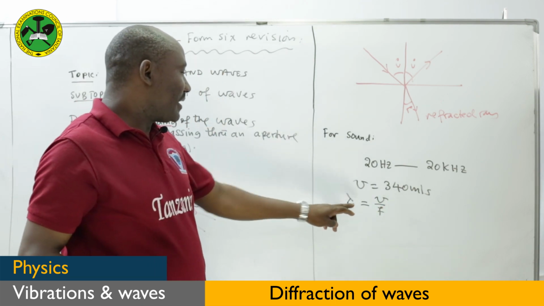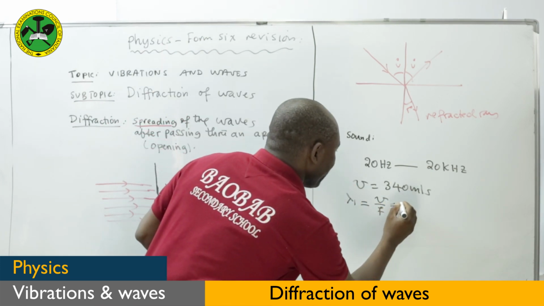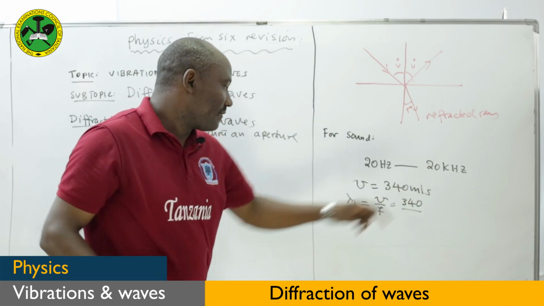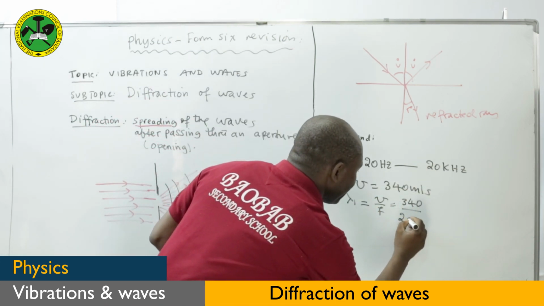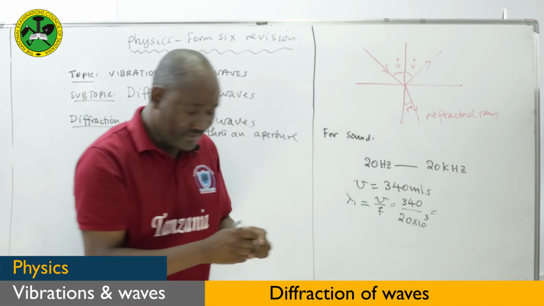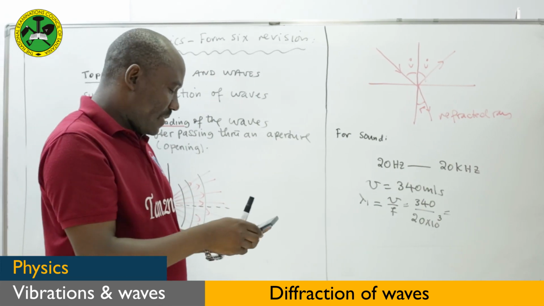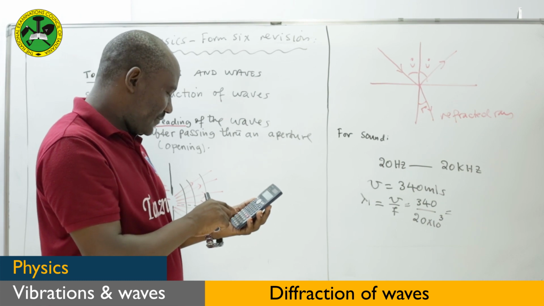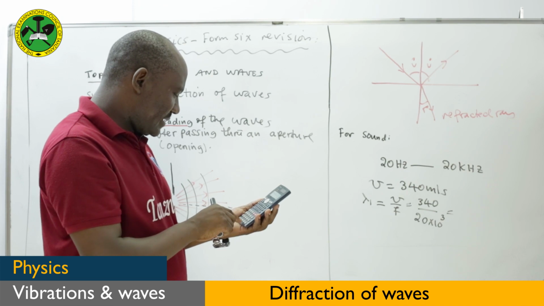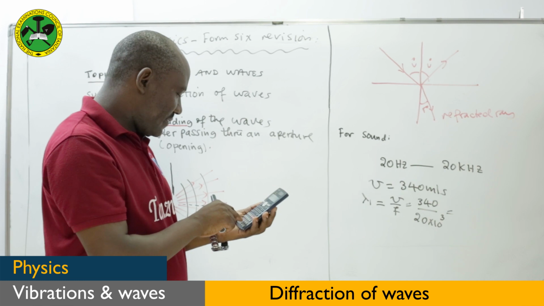Let's see now the minimum wavelength is 340 over the maximum frequency, which is 20 times 10 to the power 3. From there you can get the minimum wavelength, 340 divided by 20 times 10 to the power 3.